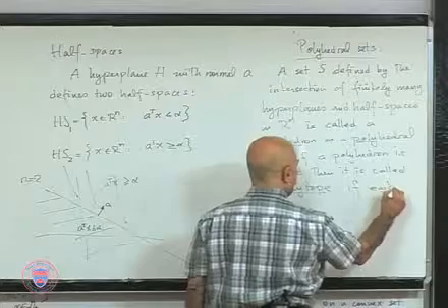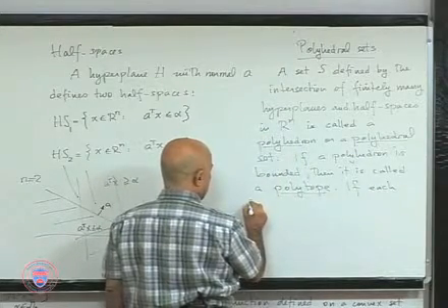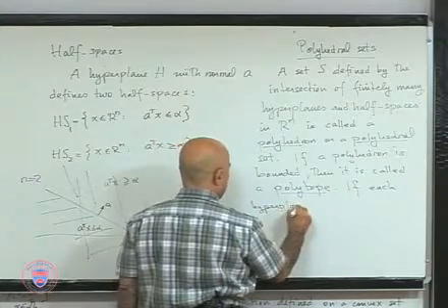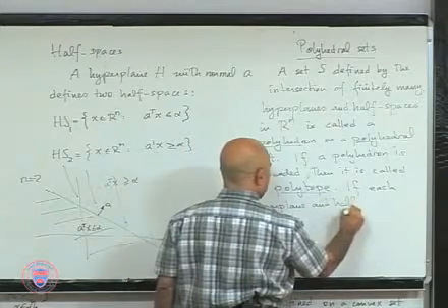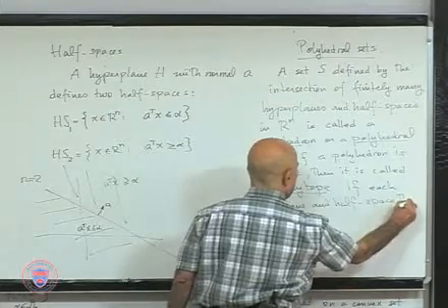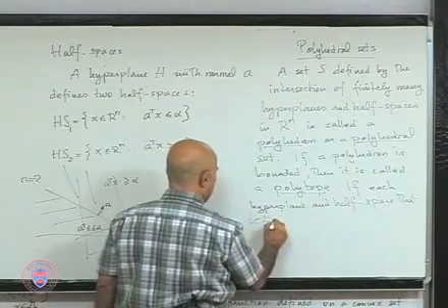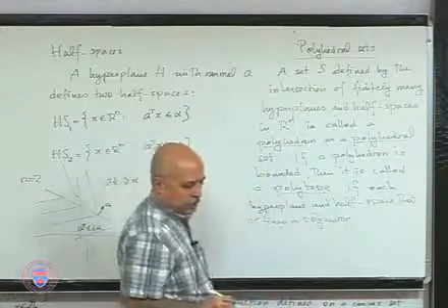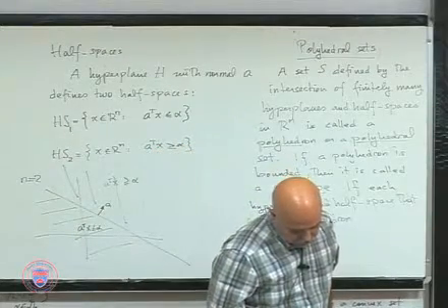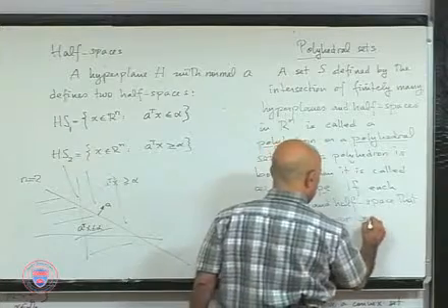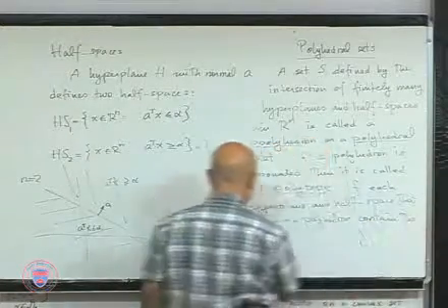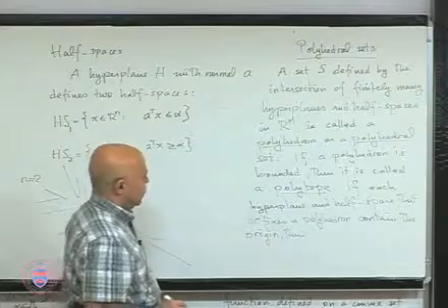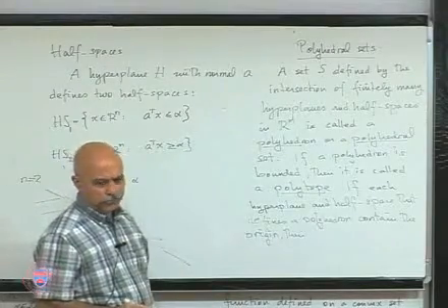If each hyperplane and half space that defines a polyhedron contains the origin, then such a polyhedral set is called a polyhedral cone.